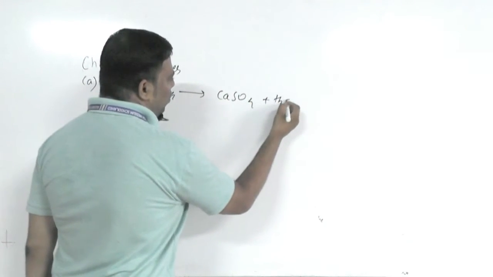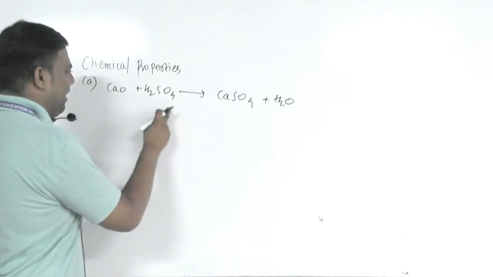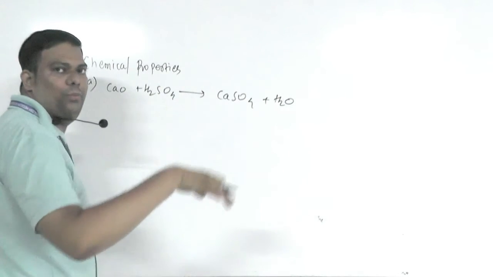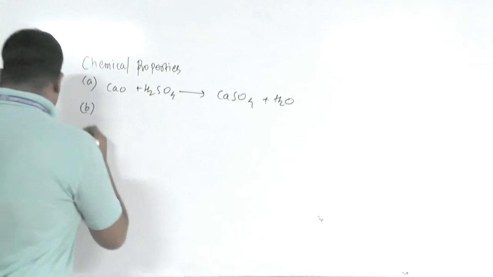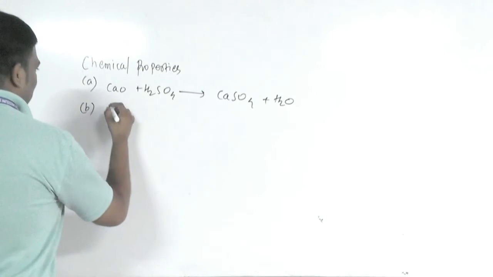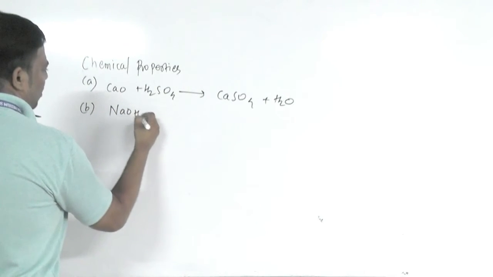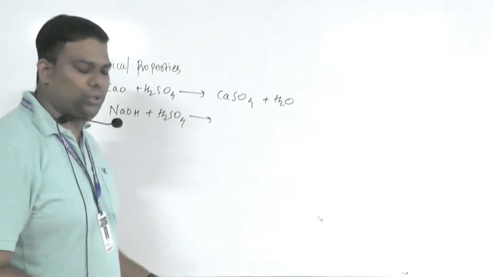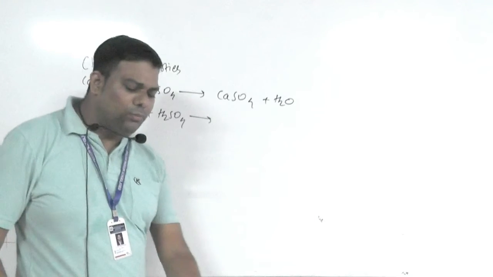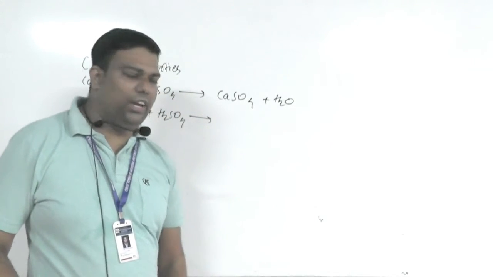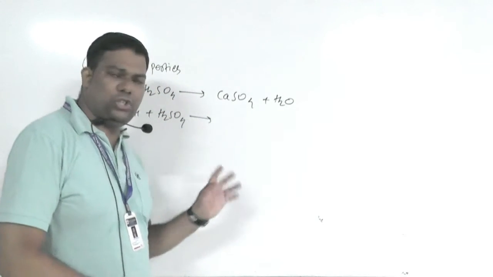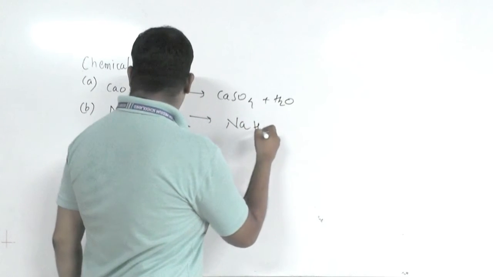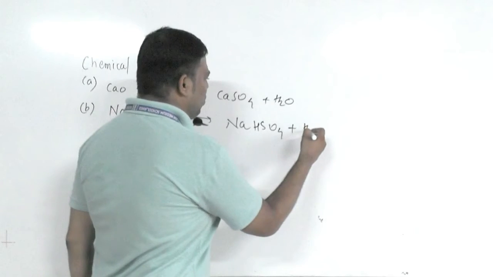CaSO4 plus H2O. Calcium oxide, a metallic oxide, when it reacts with sulfuric acid, gives the salt. Small b, NaOH plus H2SO4. Here there are two possibilities, two forms of salt. First, NaOH plus H2SO4 gives NaHSO4 plus H2O.